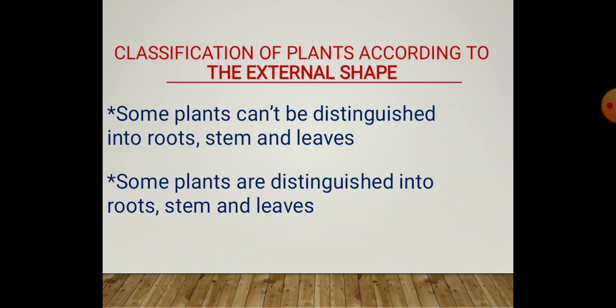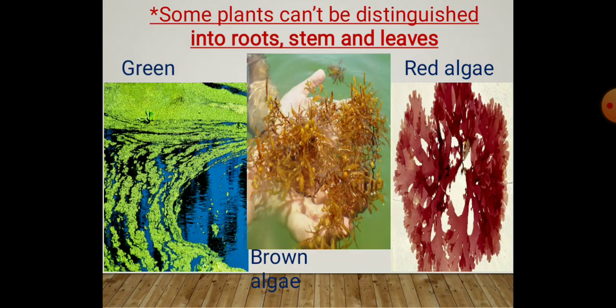First, some plants cannot be distinguished into roots, stem, and leaves. Example, algae.